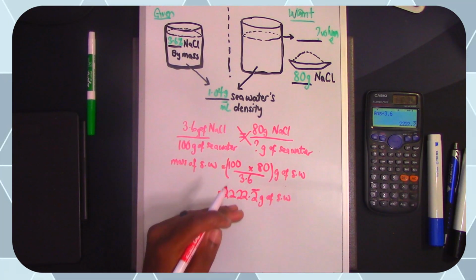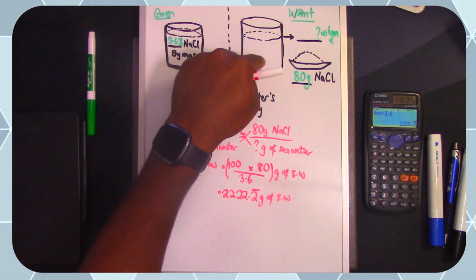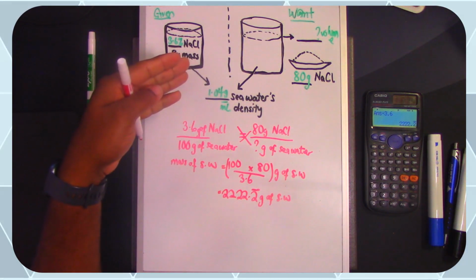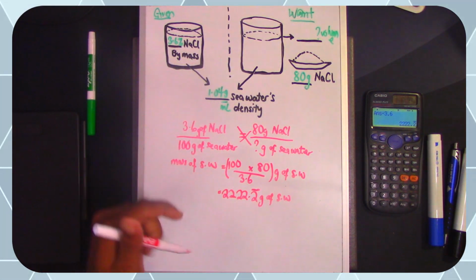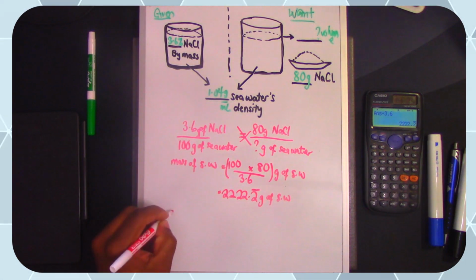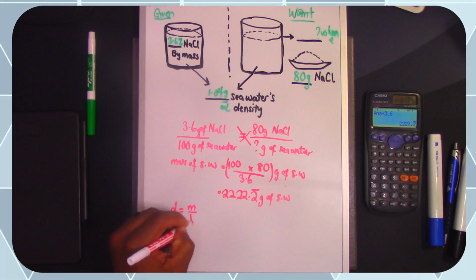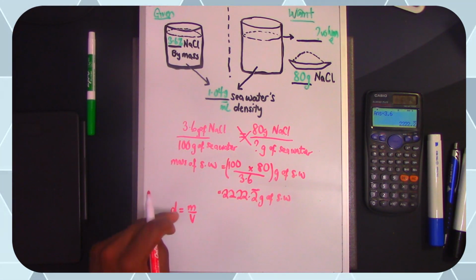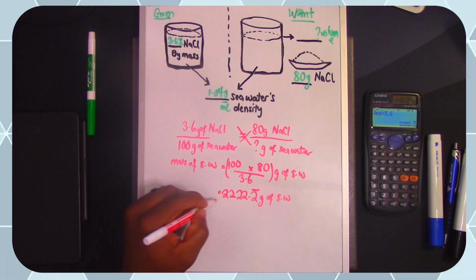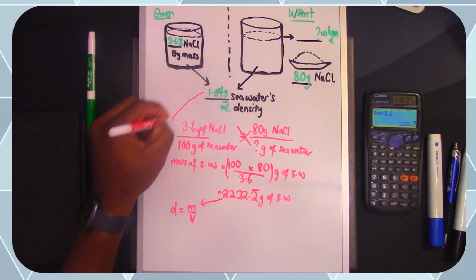But here the question says the volume, and we know that the density of seawater, not only for the given and the wanted, is the same, and it is given to be 1.04. That means that we need to use our density formula, which is the mass divided by the volume, since we know that our mass is determined here to be this value, and we have our density here to be this value over here.